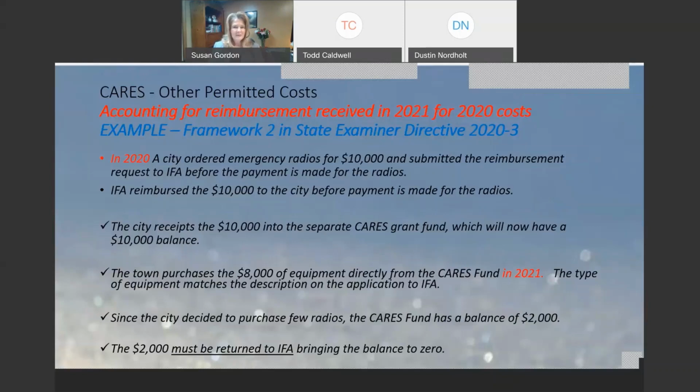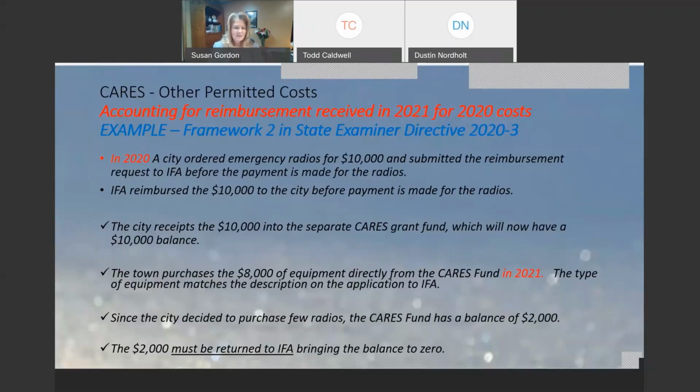Now in the second example I have, this again is based on reimbursement being received for a purchase not yet made. In 2020, the city ordered emergency radios for $10,000 and submitted the reimbursement request to IFA before payment was made on the radios. IFA reimbursed the $10,000 to the city before payment was made on the radios. City receives the money into the separate CARES grant fund, which now has a $10,000 balance.